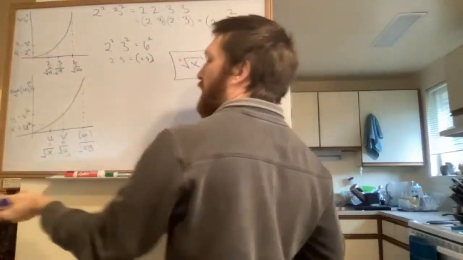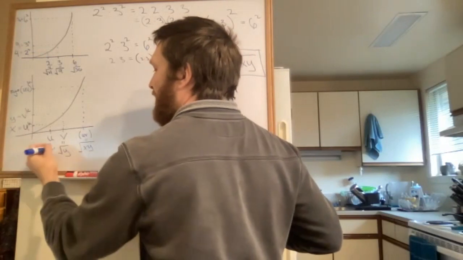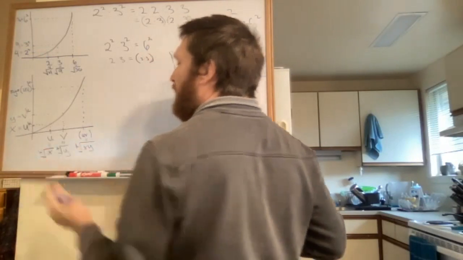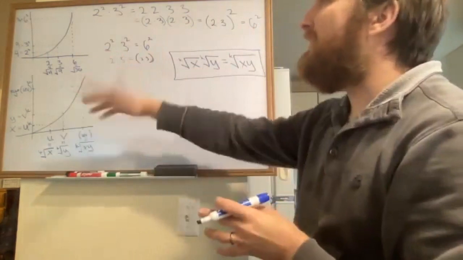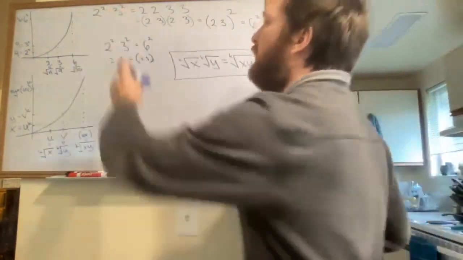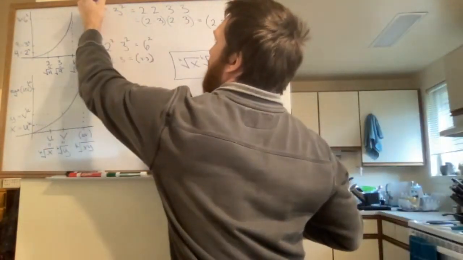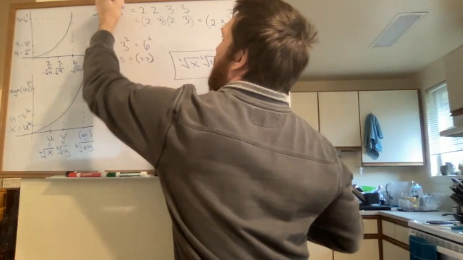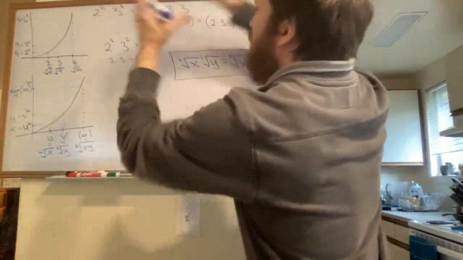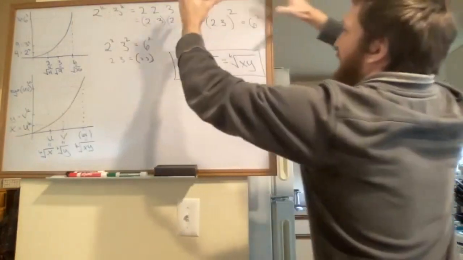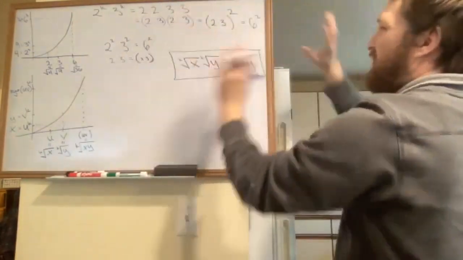And then when we pull them back, by definition, they would be the kth roots. But the argument would be the same. It would just look really ugly when you're trying to do this in general and say, what's 2 to the k and 3 to the k? Well, you'd have 2 k times and 3 k times, and then you'd rearrange, and it just looks ugly.